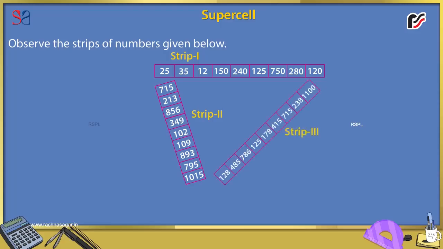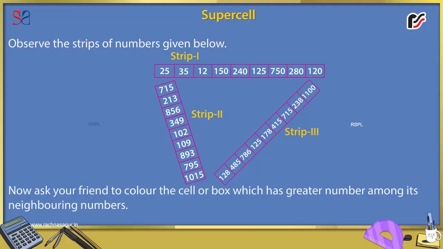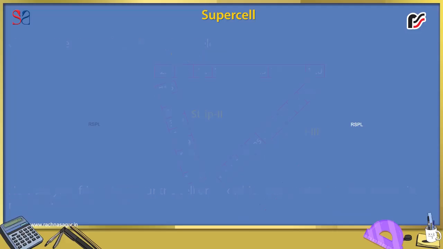Strip 3, 128, 485, 786, 125, 178, 415, 715, 238, 1100. Now ask your friend to color the cell or box which has greater number among its neighboring numbers.